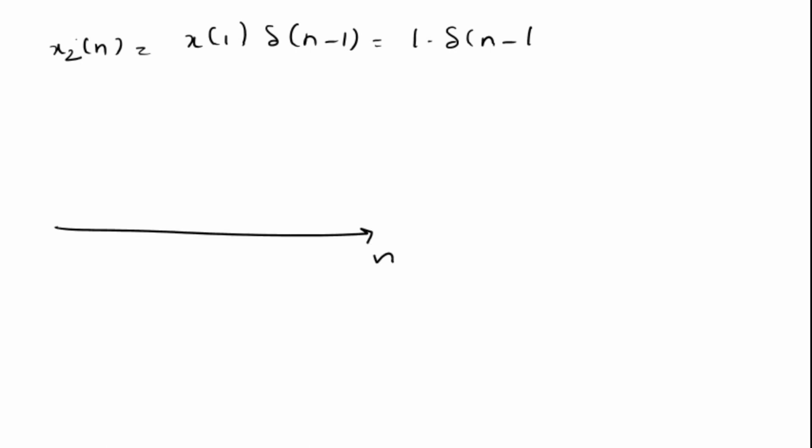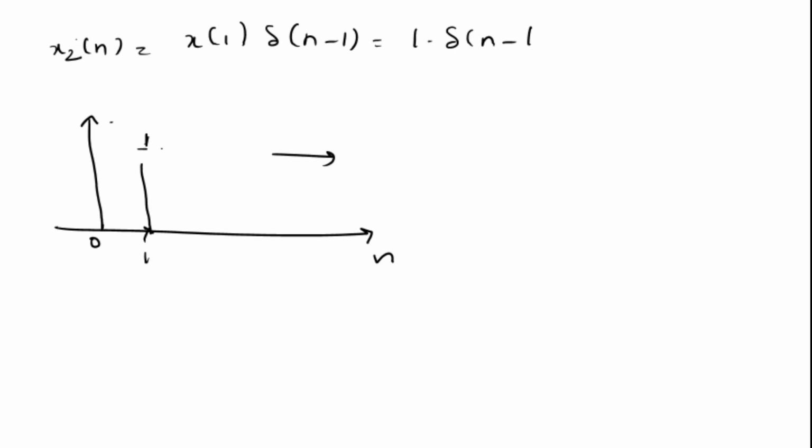Similarly, we have to find out x2 of n, which is equal to x of 1 into delta of n minus 1, which is equal to 1 into delta of n minus 1. That means the signal is present at 1. The value is 1.